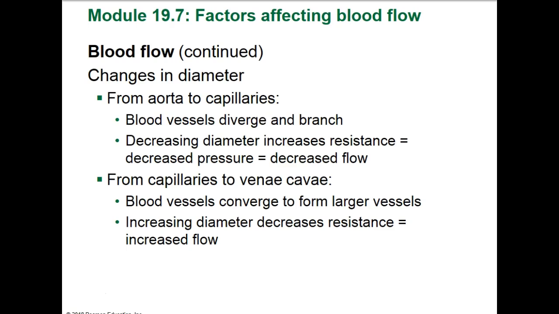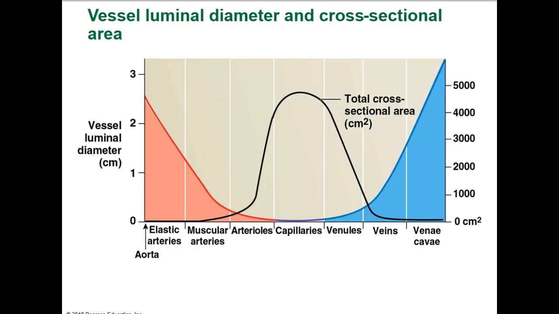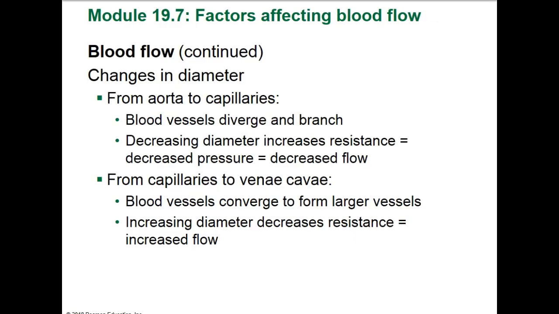You have increasing diameter, which decreases the resistance, and that helps with increased flow. But going back here, we want decreased flow when we're in the capillaries, so that you have good exchange of nutrients and gases.